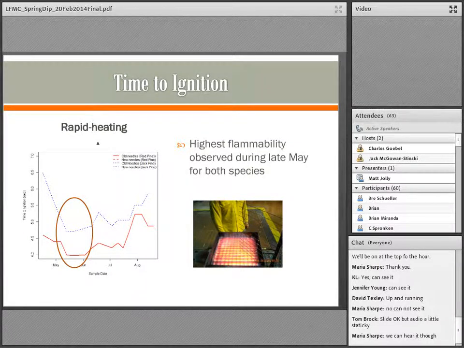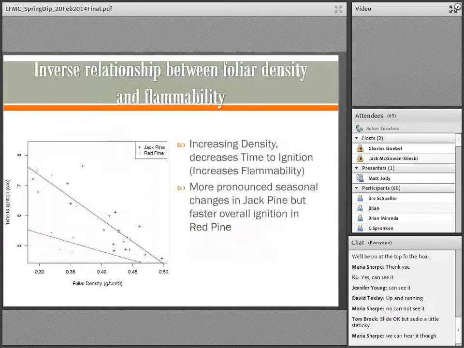And what you see is that the dip period between May and June is the period that recorded the shortest time to ignition, which means the highest flammability. And again, the shape of this curve nearly perfectly follows the shape of the spring dip curve. But as we're learning now, that dip is driven more by changes in the chemistry and less by changes in the actual amount of water in the fuel.